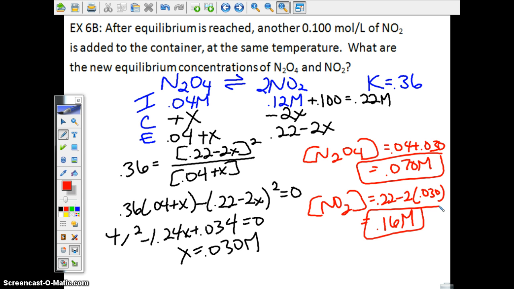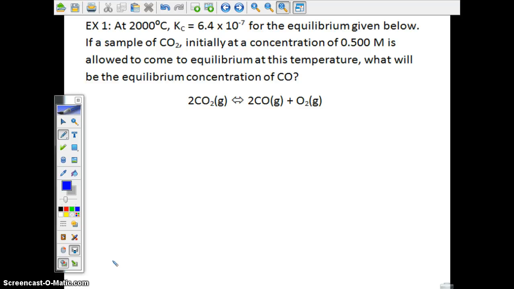So you should get 0.07 and 0.16. I'm going to start doing my ICE chart while you guys are doing yours.